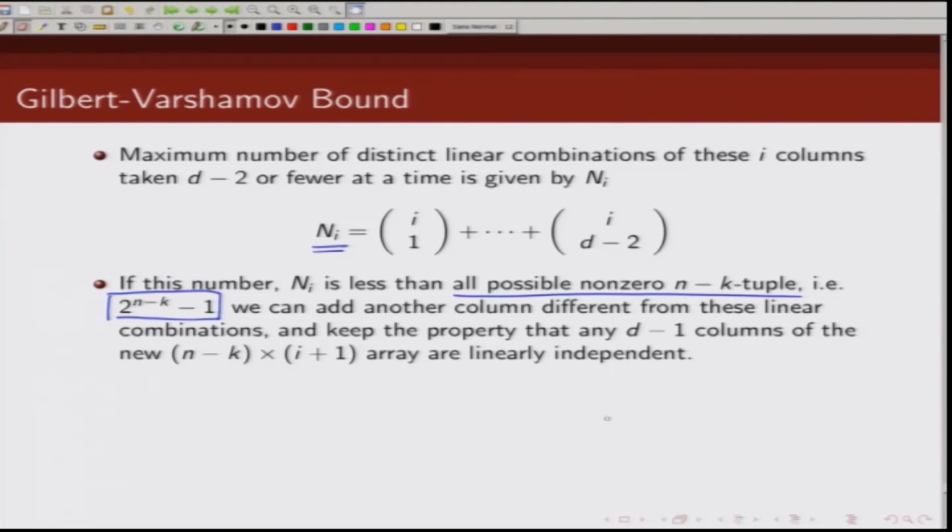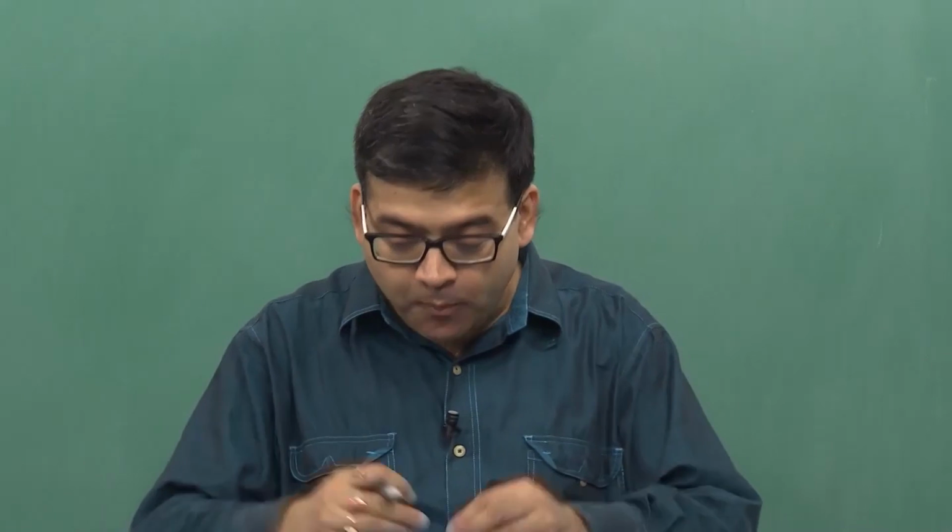So, if this number N_i is less than 2 raised to the power n minus k, minus 1, it means we can add another column which is different from any of the linear combinations of these i columns taken 1 at a time, 2 at a time, 3 at a time, up to d minus 2 at a time. And this will still ensure that d minus 1 columns of this parity check matrix would not add up to 0.